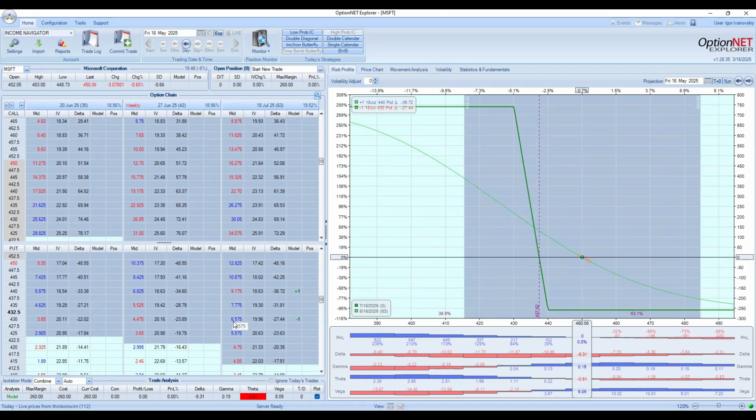By selling the 430 put against the 440 put, we reduce the cost of the 440 put from $917. We're collecting about $660 for the 430 put. Now our cost of this spread is down to $260. So instead of risking $920, we're only risking about $260, right? That sounds like a better deal, right?